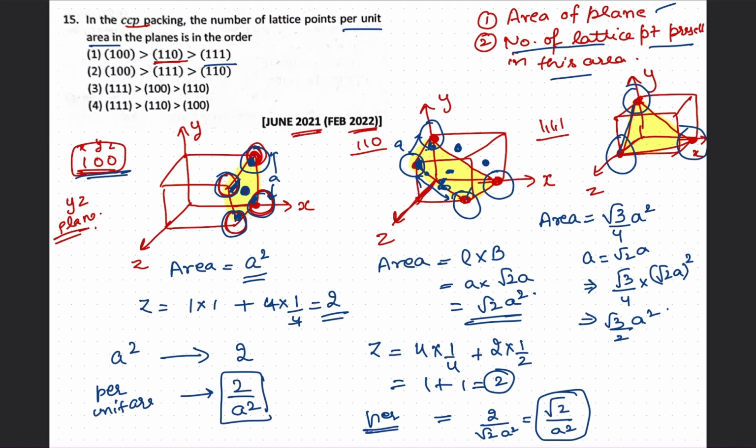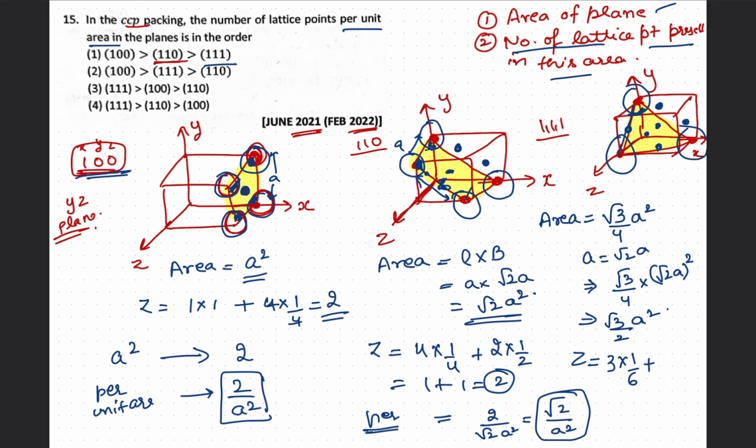Now we have to calculate the number of atoms which are present in this plane. Very easy. See, we know that this is a CCP, so here 1, 2, 3, 4, 5 and 6. Okay, now in this we'll find that the 3 atoms, this one 1 2 3, which are present at the corner, since they are making an angle of 60 degrees, will contribute 1 by 6, right?